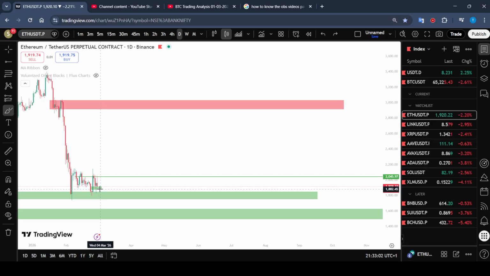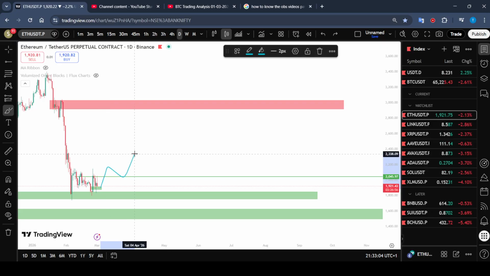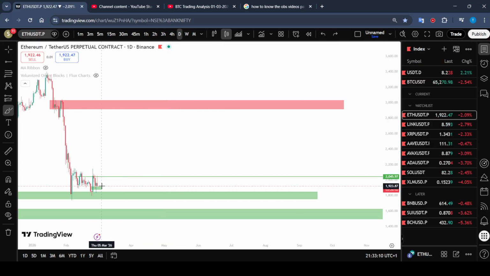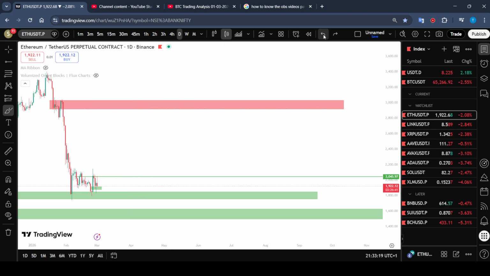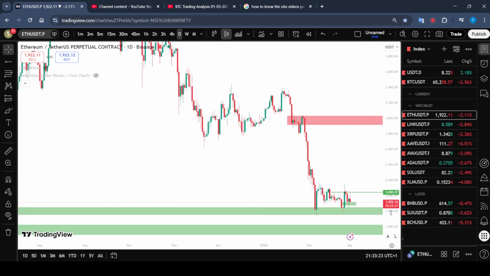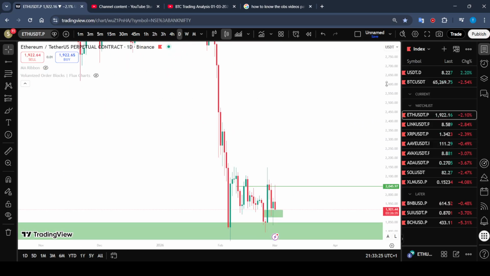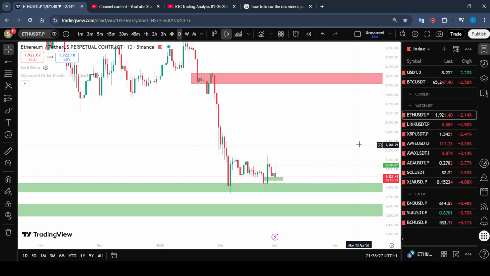It will make a market structure, and then probably it might go like a market structure. It will go here, there is one more liquidity point. It will come here and then it will go here. So there are different types of structures the market is able to form. So we need to understand what the liquidity points are and place our sell orders or buy orders accordingly.